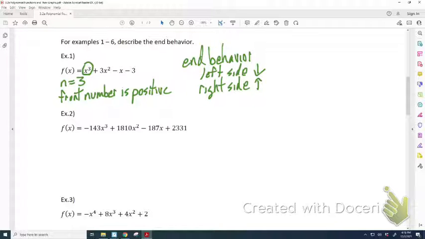All right, let's try number 2. On number 2, n is 3 again, because that's the largest exponent. Front number is negative this time.